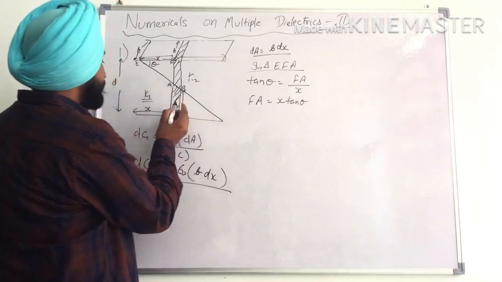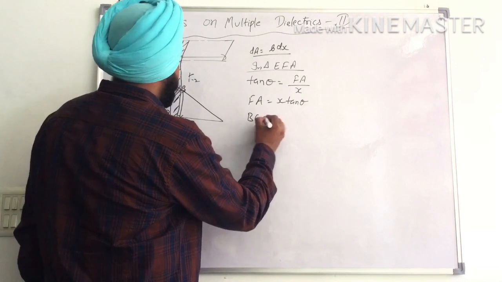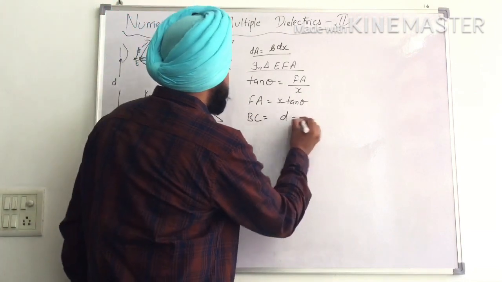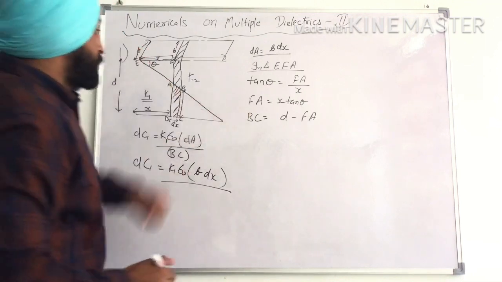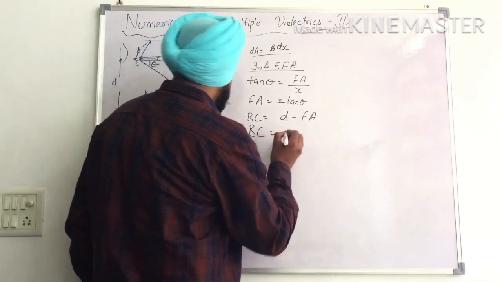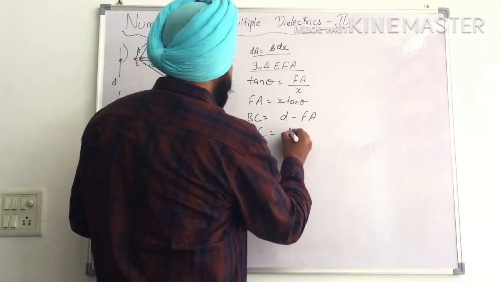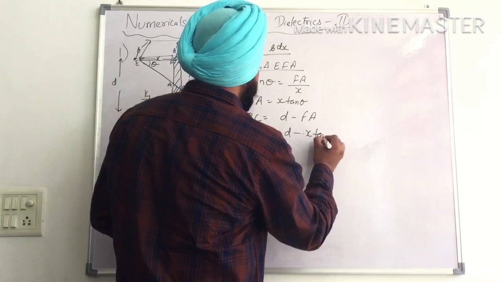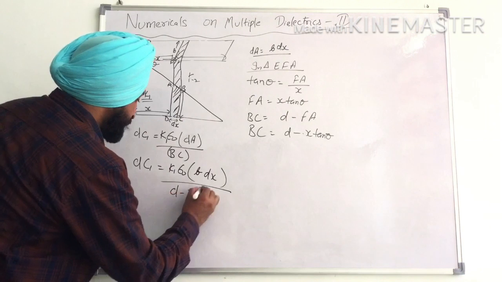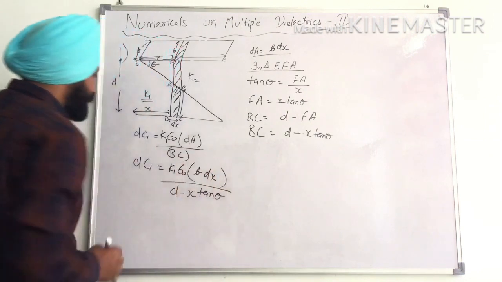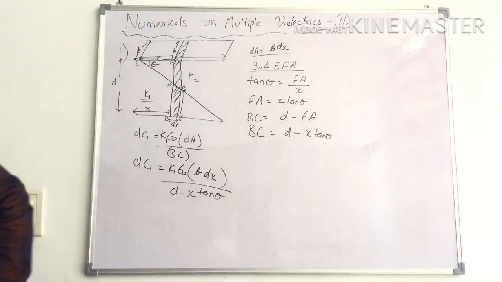So I can easily write this value BC as DA minus FA, because the entire separation is D. So our BC, the required separation, will come equal to D minus x tan theta. So I will be substituting this value over here, D minus x tan theta. Fine. So this is the method.